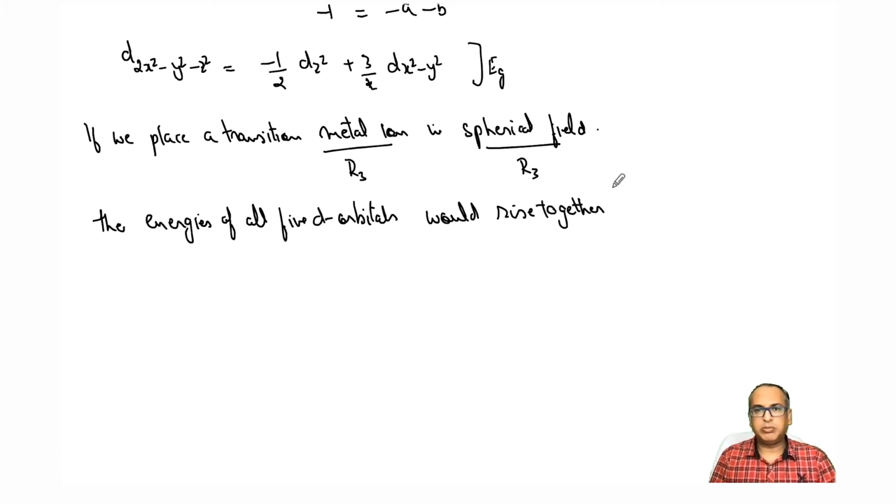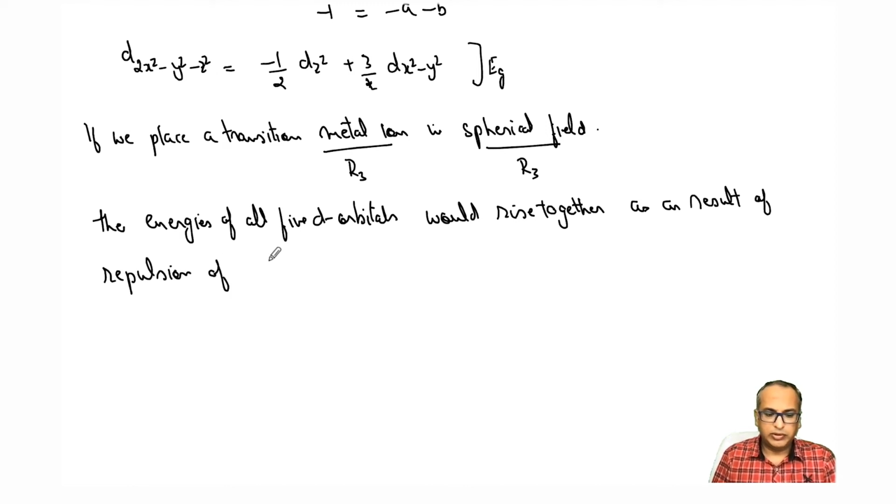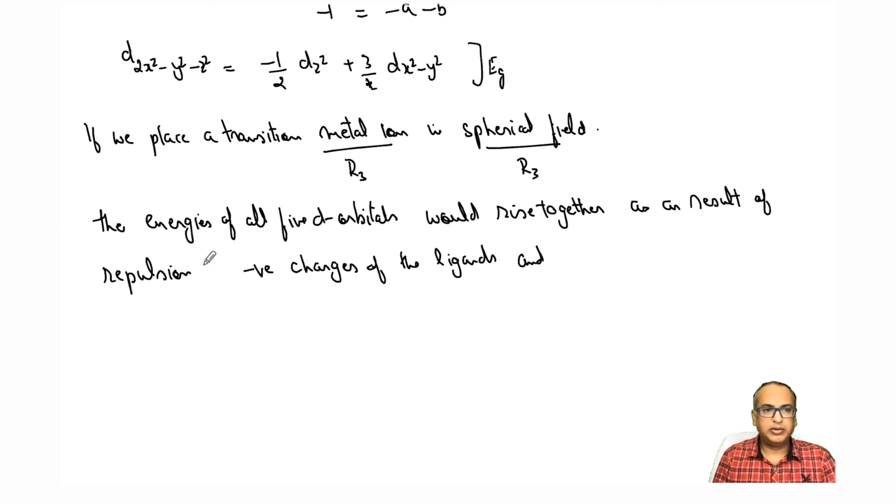This is if it is placed in a spherical field, and this happens as a result of repulsion between the negative charges of the ligands and the negative charges on the electrons in the metal ion.